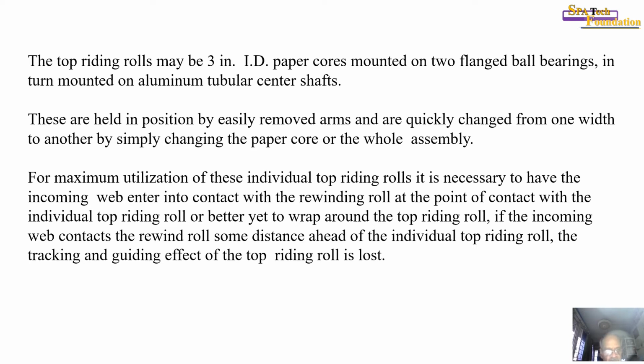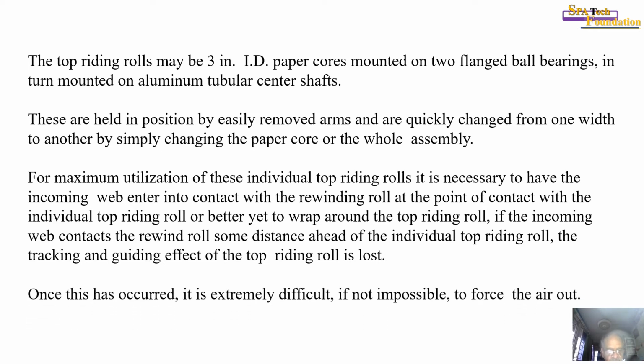If the incoming web contacts the rewind roll some distance ahead of the individual top riding roll, the tracking and guiding effect of the top roll is lost. Once this has occurred, it is extremely difficult, if not impossible, to force the air out.